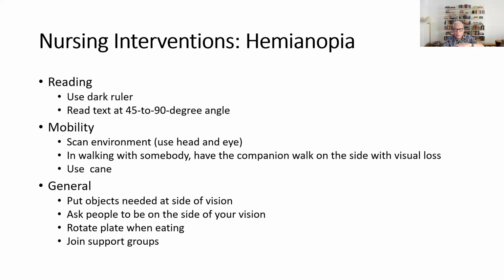This dark ruler or a straight piece of cardboard will be helpful, and they can put it at the beginning or the end of the lines to clearly mark where each line begins or ends. And they also say that reading at a 45 to 90-degree angle usually can compensate for the hemianopia.